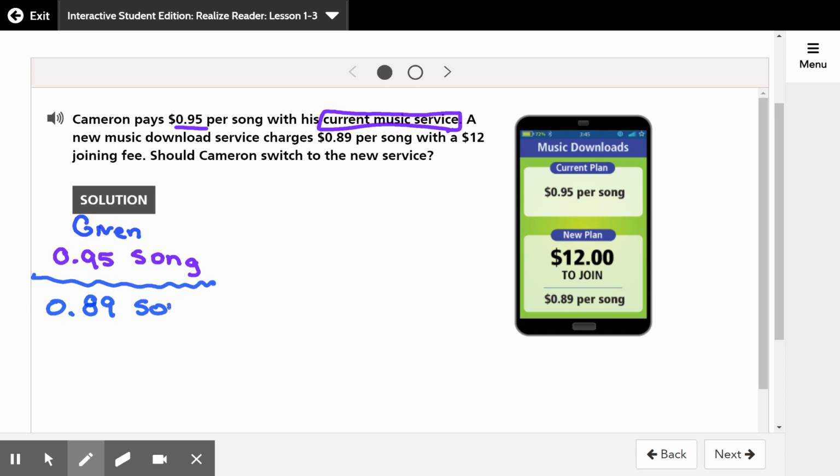So yay, it's cheaper. That's awesome. But this one has a $12 joining fee. So a joining fee or a membership fee or anything that charges you once is kind of like a one-time deal. So you have to add that joining fee at the end.